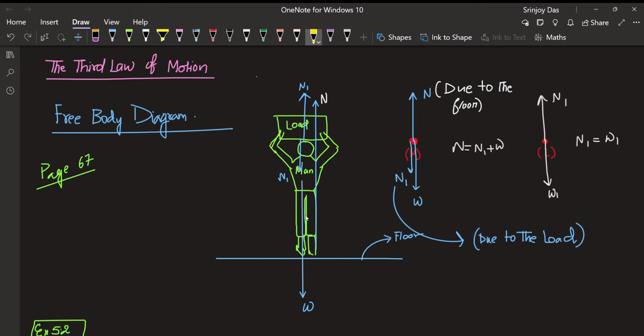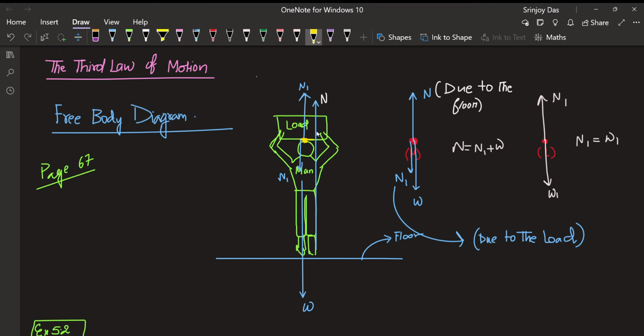Means yes, it is the surface. This is the contact area, and the normal force is just acting on the head, in downward direction. We have written it as N1, and in the load, the free body of the load is N1.